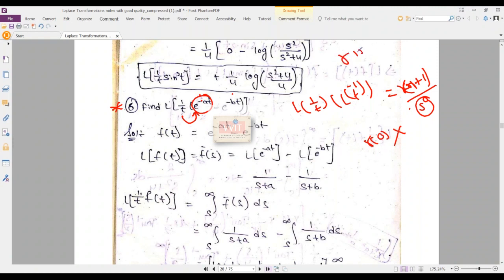Gamma of 1 is 0 factorial, and 0 factorial is 1, no issues. But gamma of 0 is not defined. That's what we mentioned very clearly in the definition of the gamma function: it is specified for n greater than 0. So that's the reason this will be given the second priority, this will be given first priority now, and this is the last priority.